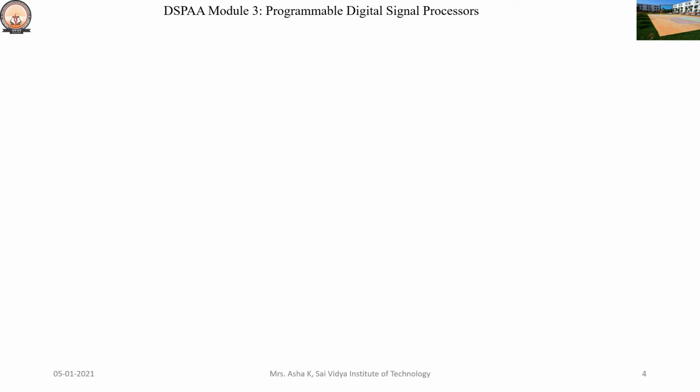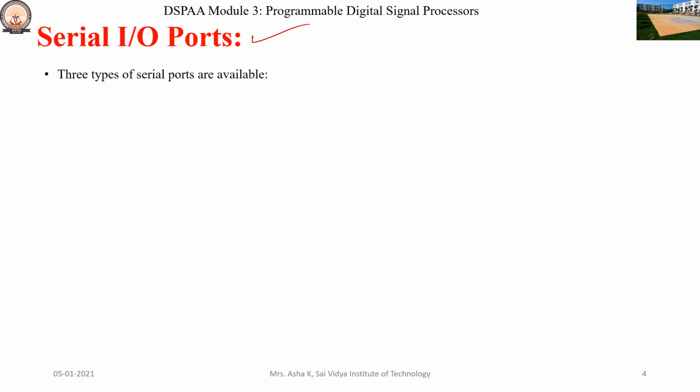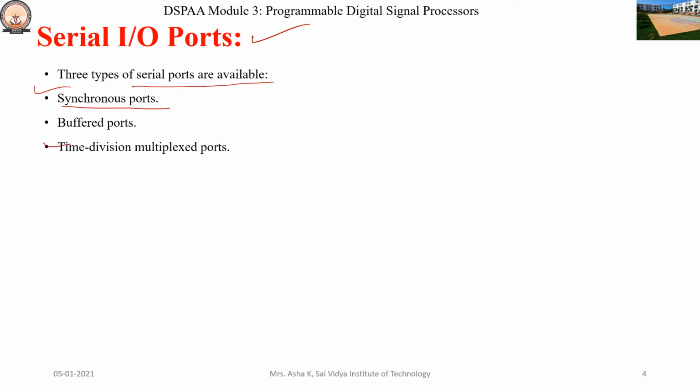The next topic in the peripherals is serial input-output ports. We have basically three types of serial ports available in the TMS processor. The first is the synchronous port, the second is the buffered port, and the third is the time division multiplexed port.